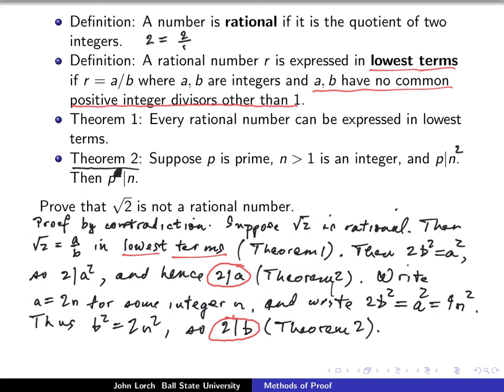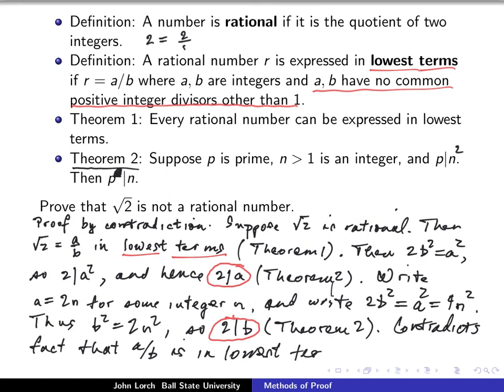But we have just seen that a and b are both divisible by 2. So this contradicts the fact that this quotient a over b is in lowest terms. Therefore, we can conclude that the square root of 2 is not rational.